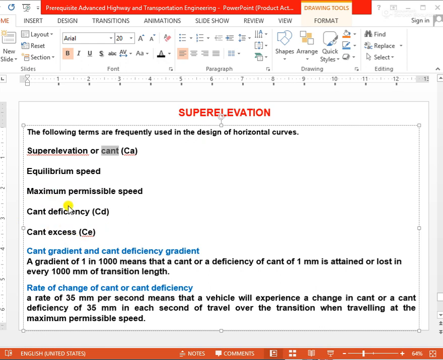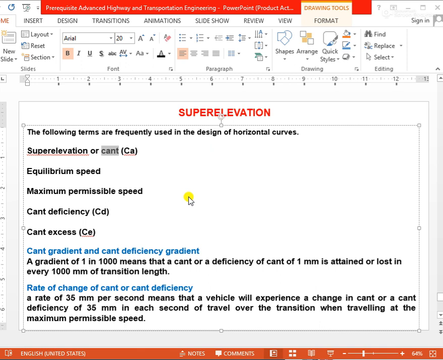The maximum permissible speed is the highest speed permitted to a train on a curve, taking into consideration the radius of curvature, actual cant deficiency, cant excess, and length of transition.